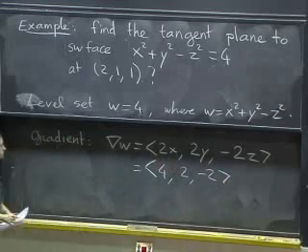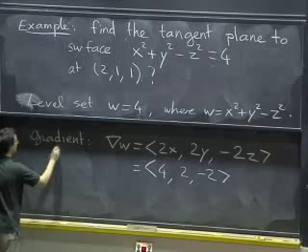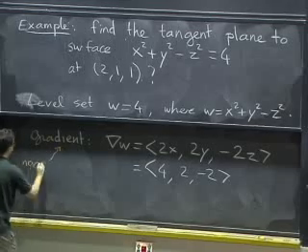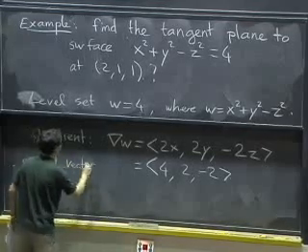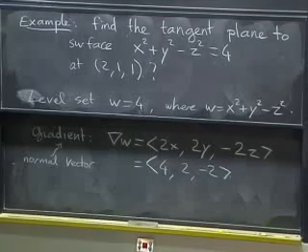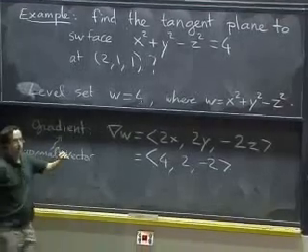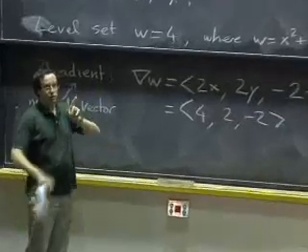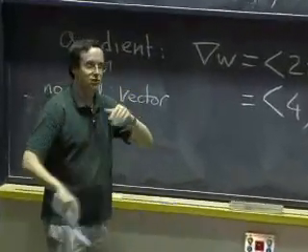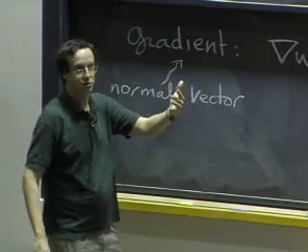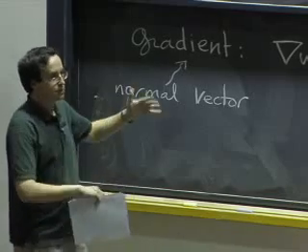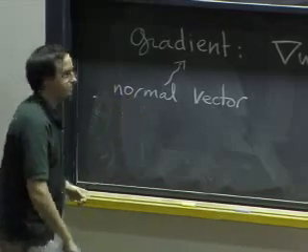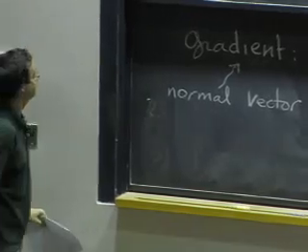And that's going to be the normal vector to the surface or to the tangent plane. That's one way to define the tangent plane. It has the same normal vector as the surface. Or that's one way to define the normal vector to the surface, if you prefer. Being perpendicular to the surface means that you're perpendicular to its tangent plane.